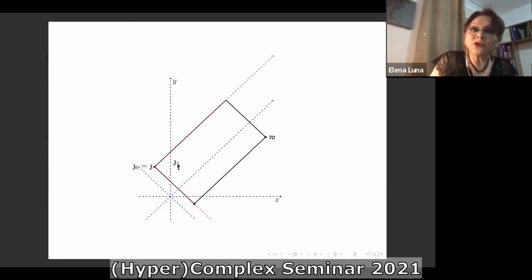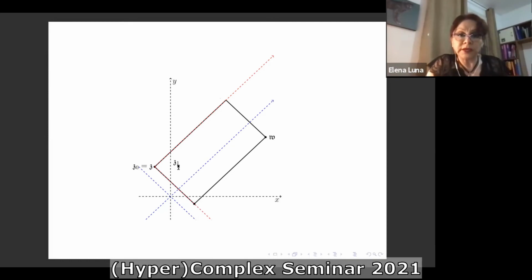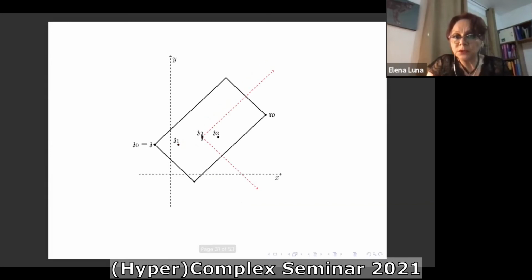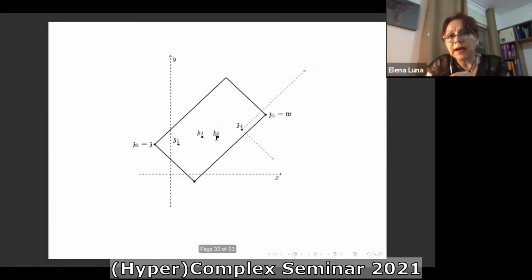And I continue in this way. Now I stop at Z1, I consider the cone of the future of it, and inside this cone, I will choose Z2, and I continue in this form. After Z2, we choose Z3, Z4, and in this case, I wrote Z5 equal to W.